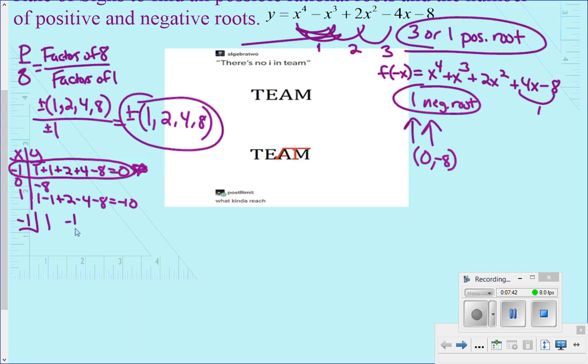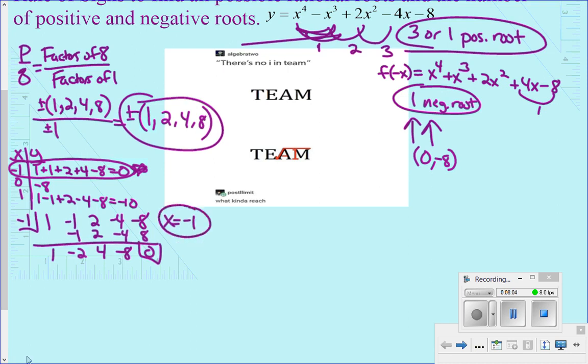So 1, -1, +2, -4, and -8. Bringing the 1 down, multiply -1, add -2, multiply +2, add +4, 4 times -1, -4, add -8, multiply +8, and 0 is the remainder. So we just confirmed that x equals -1 is a solution, is a root.